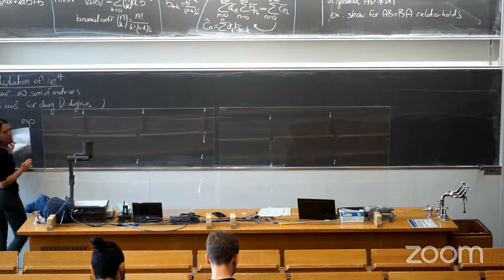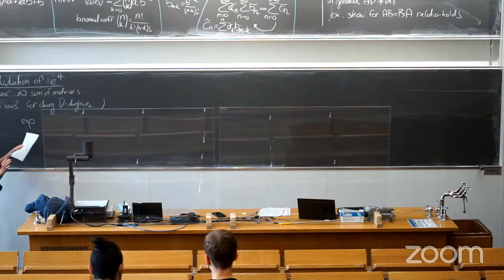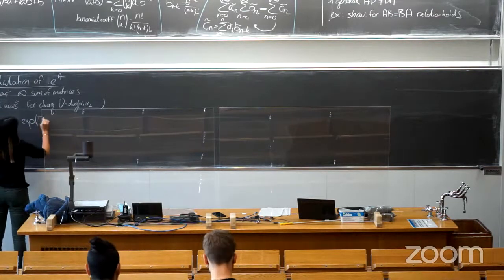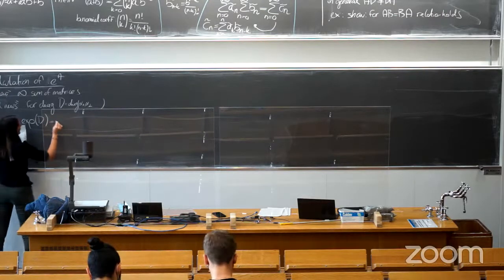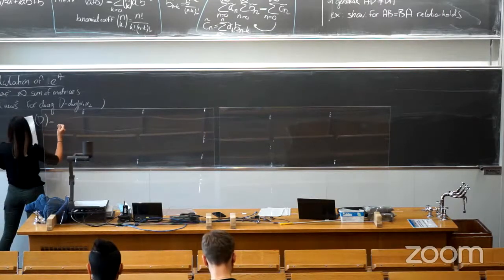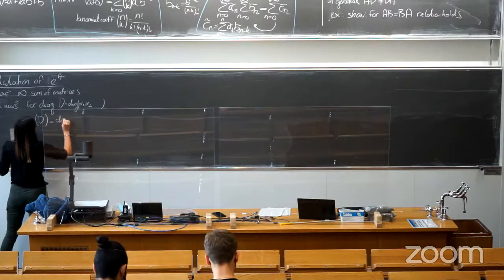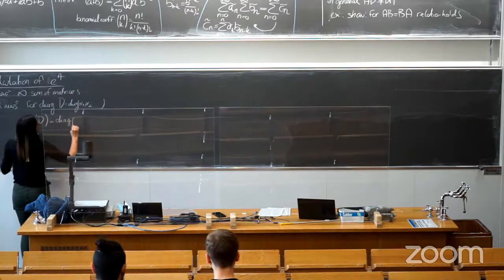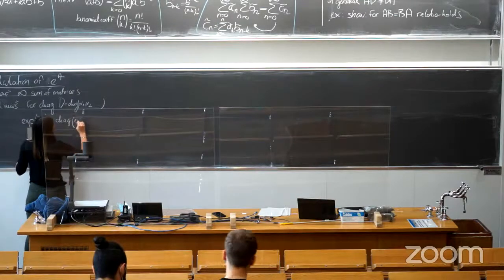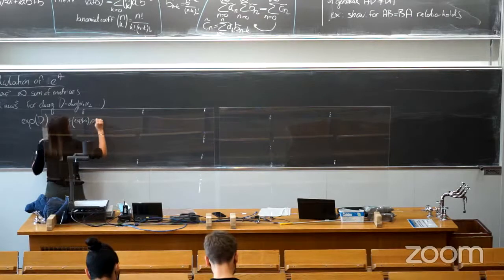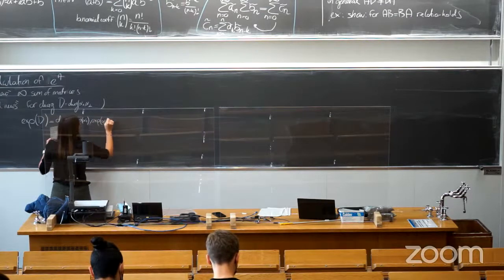I'm not doing it right now, but if any of you wants to know, you can come later. The exponential is basically every element of the diagonal matrix exponentiated. So this is the diagonal of exponential of alpha 1, exponential of alpha 2, and so on.